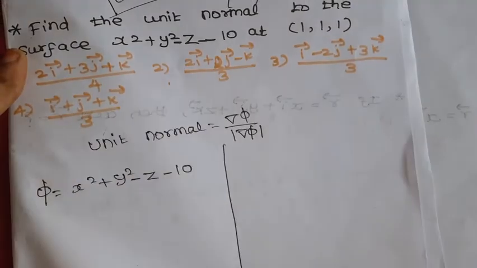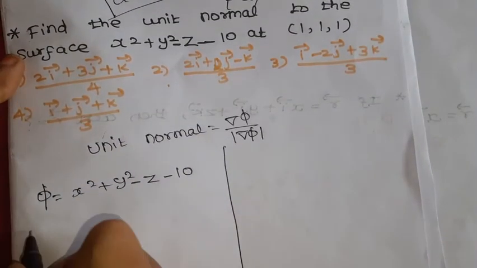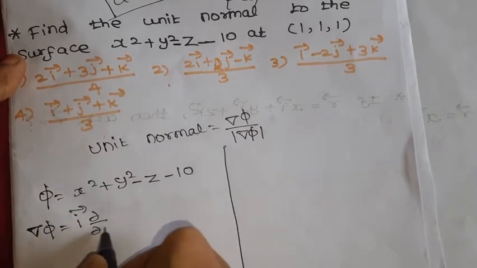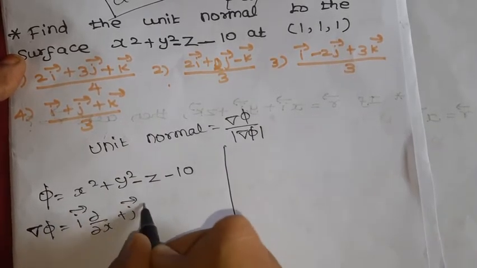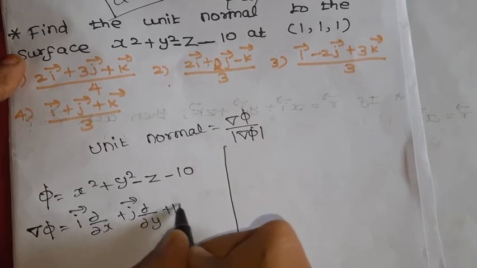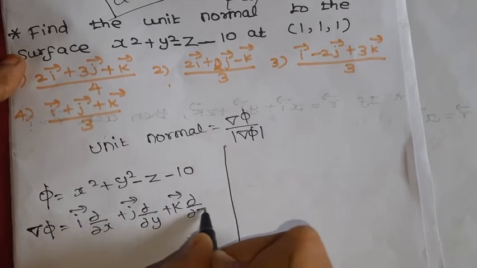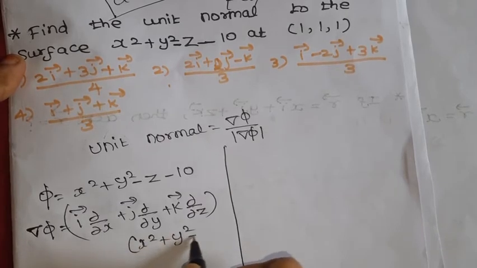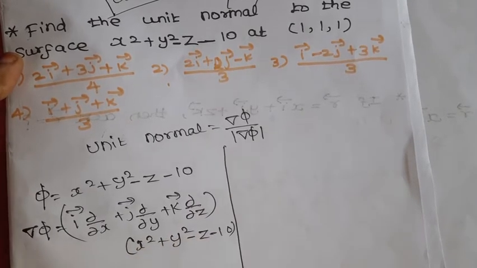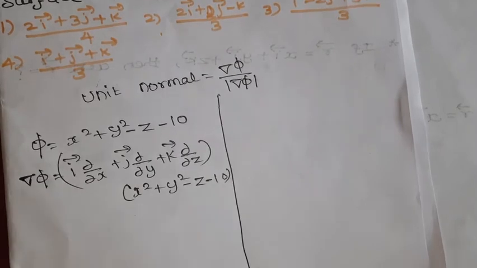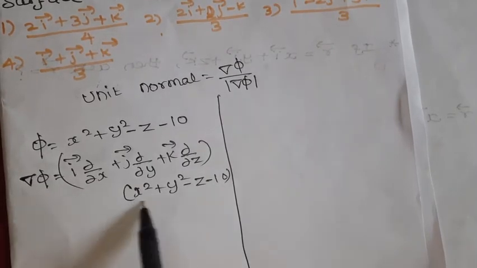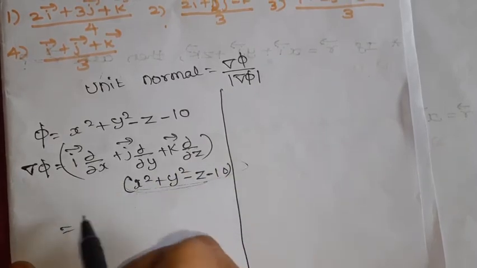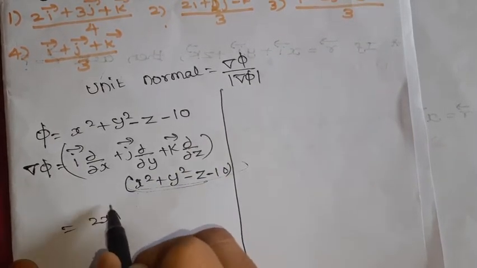Then what is the next step to find del phi? i into dou by dou x plus j into dou by dou y plus k into dou by dou z of x squared plus y squared minus z minus 10. When we take dou by dou x of the whole term, we will get 2x i.